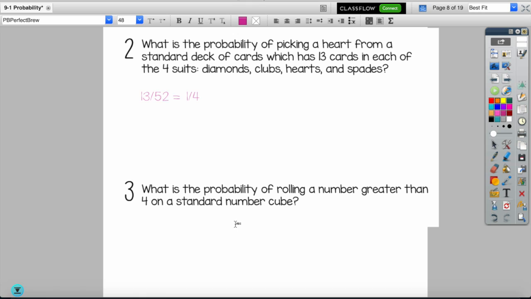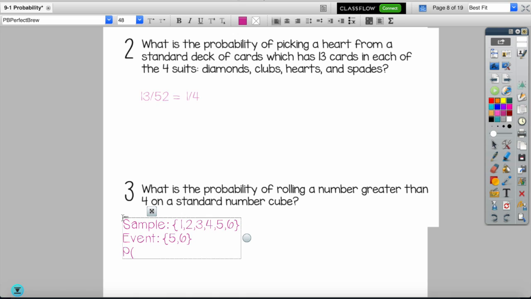What's the probability of rolling a number greater than a 4 on a standard number cube? Well, let's take a look. Again, our sample space are the numbers 1, 2, 3, 4, 5, and 6. We want to get a number that is greater than 4. Well, if we can look at the sample space, we see that those numbers are 5 and 6.